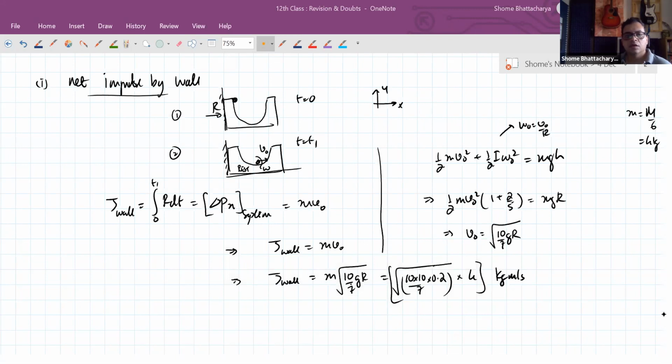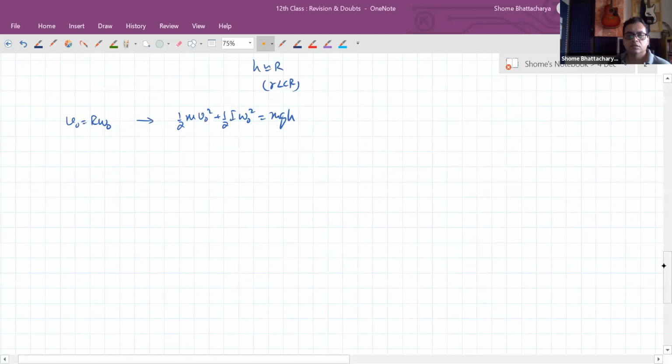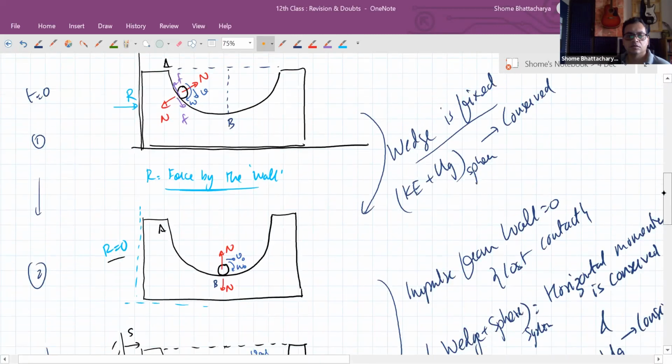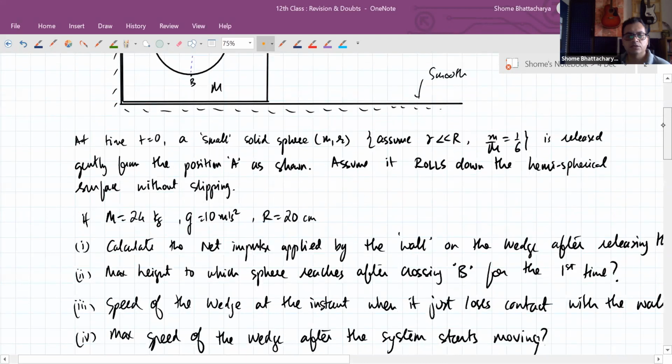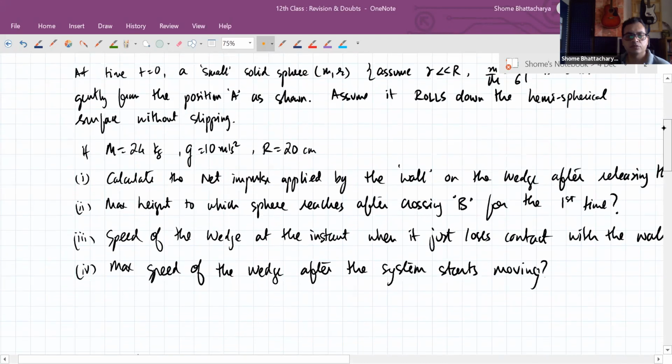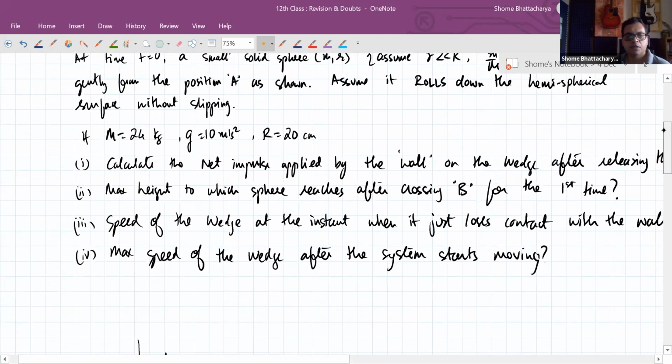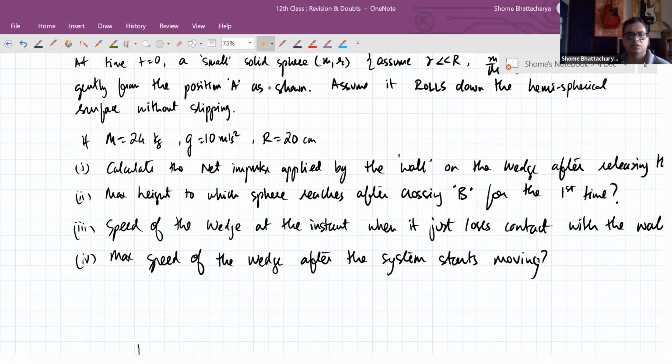Okay. Now see, the next thing we have to do is calculate the maximum height to which the sphere reaches after crossing the point B for the first time. And actually the third part, you can see, is very easy. At speed of, not sorry, I didn't mean the speed of the wedge.